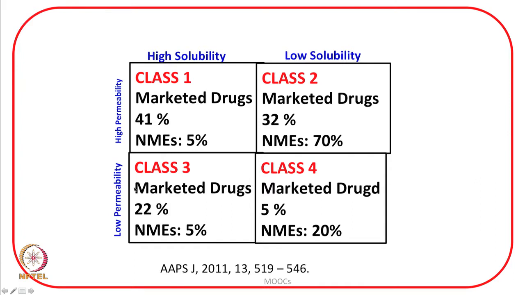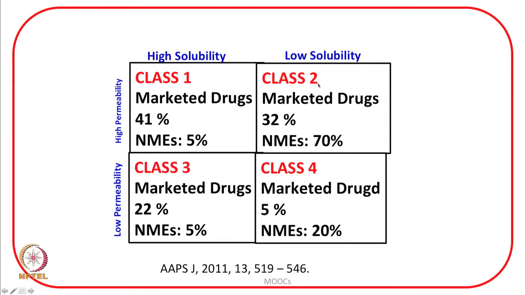Let us take a look at this slide. Let me divide the drugs available in the market into 4 categories. Class 1, where the membrane permeability is high and solubility is also high. This is the most preferred class.